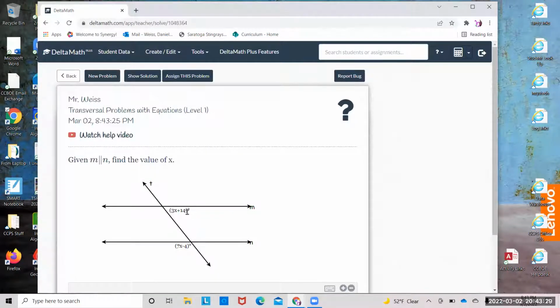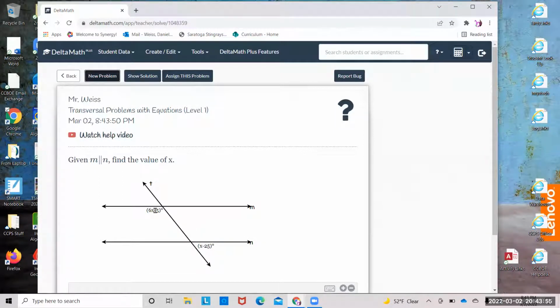Okay, here, if this is 3x minus 14, then this angle here is 3x plus 14. These two add up to 180, so you got to do 3x plus 14 plus 7x minus 4 equals 180, and then solve for x. Same thing here.